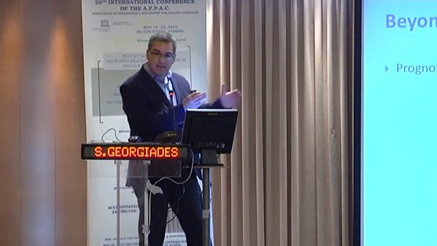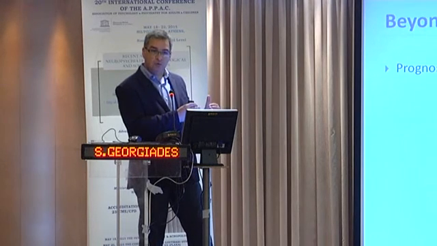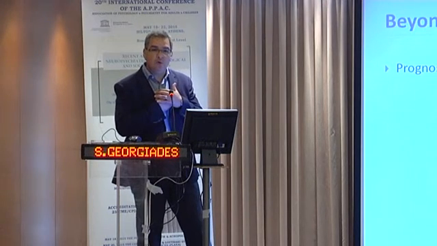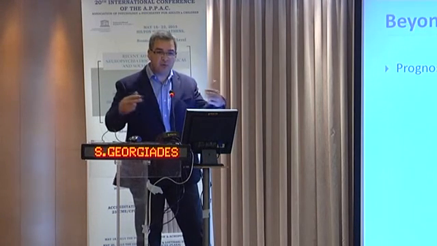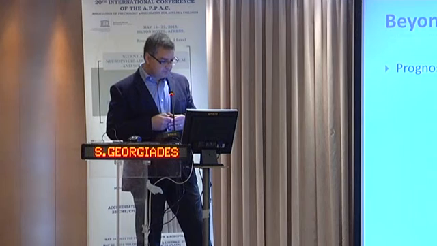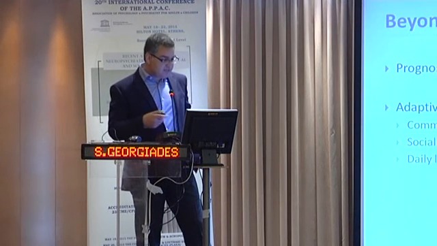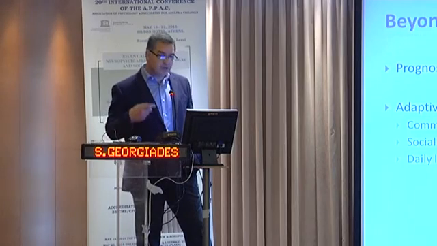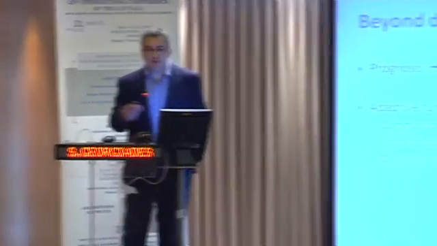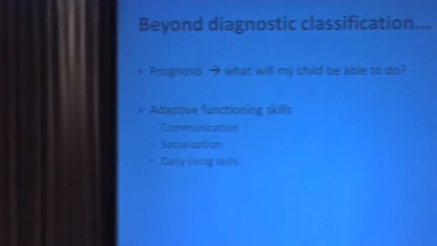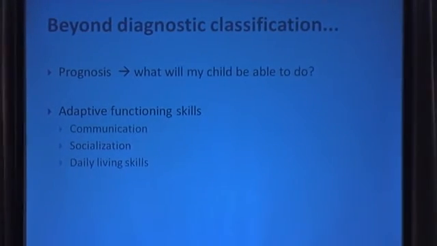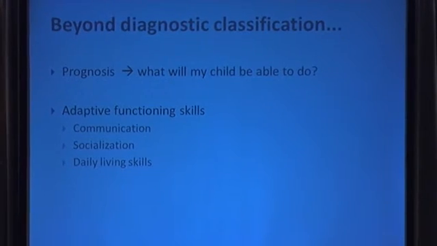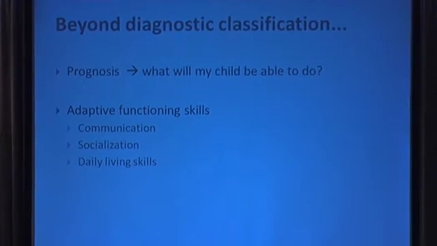You explain to me what my child cannot do, and that helped the clinician assign a diagnosis, but I want to know what my child would be able to do as he or she develops. So that is referred to as adaptive functioning skills in terms of communication, socialization, but also the basic daily living skills that a child needs to master in order to function independently in the home, in school, but also in society.